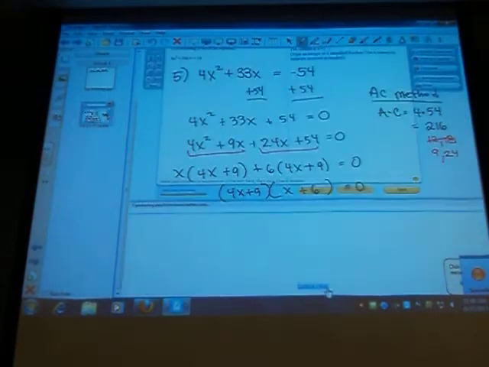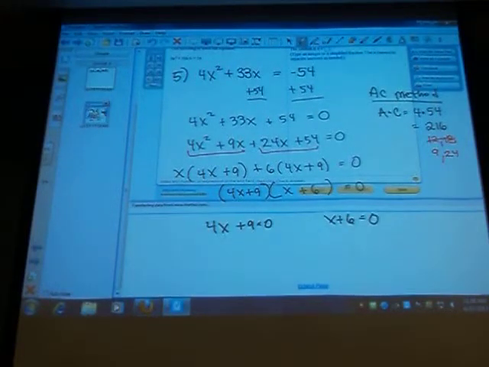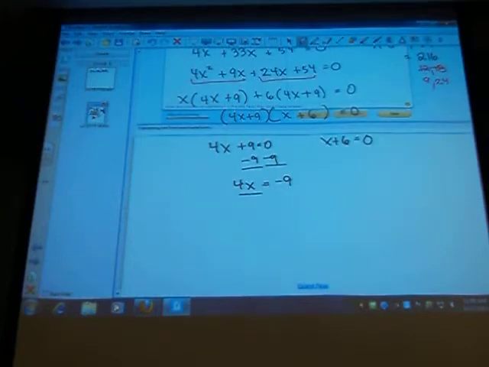Okay, now my last step is to set those factors equal to 0. So 4x plus 9, in order to solve for x, I need to subtract 9 and then divide by 4. You guys can do those in your head, that's okay. I get negative 9 over 4.